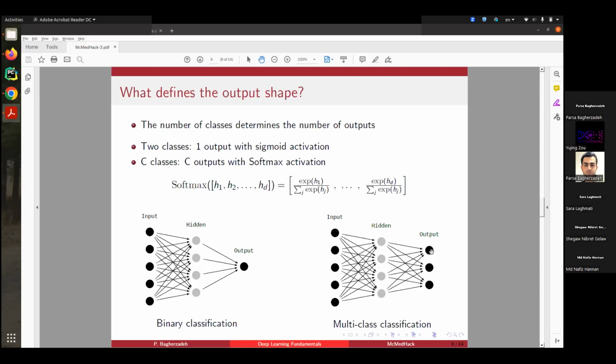Then we apply to this output, which is a vector like this, in D dimensions, or in our case C dimensions, H1, H2, up to HD, the softmax activation. The purpose of softmax is to map all of these output values to the 0 to 1 interval, such that the new values sum up to 1, which reminds us of probability, right?